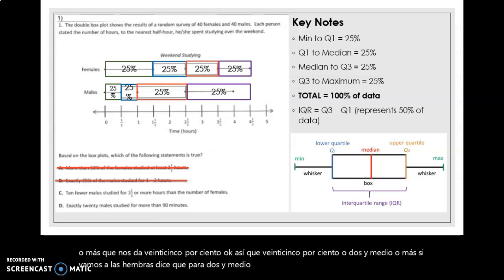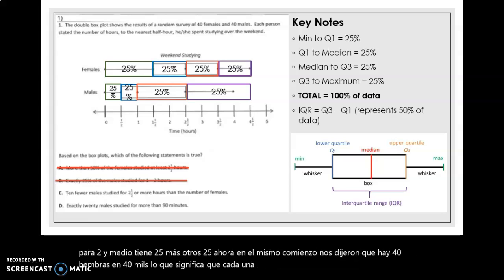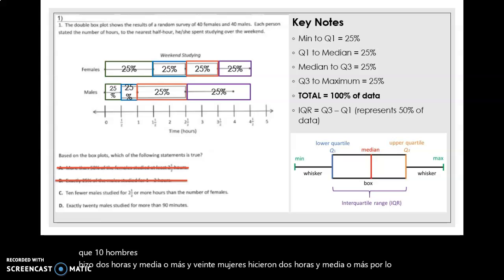At the very beginning, they told us that there are 40 females and 40 males, meaning that each percentage is 10 people. So every 25% is 10 people. That means that 10 males did 2.5 hours or more, and 20 females did 2.5 or more hours. So it says 10 fewer males. Yeah, that sounds pretty much right.